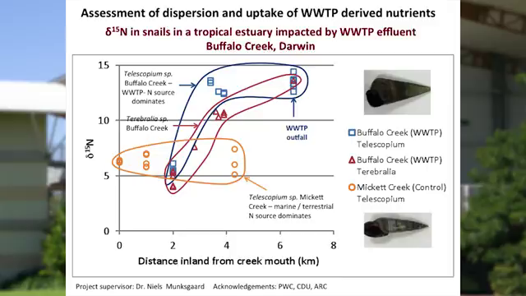Thank you, Anna. My study aimed to look at the impact of treated sewage discharge on Buffalo Creek ecosystem using stable isotopes. Stable isotopes are chemical traces that naturally exist in the environment. So why are they important? Because isotopes in sewage effluent discharges have higher values than the background values recorded from unimpacted ecosystems.